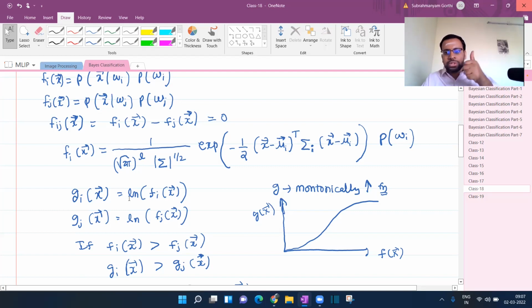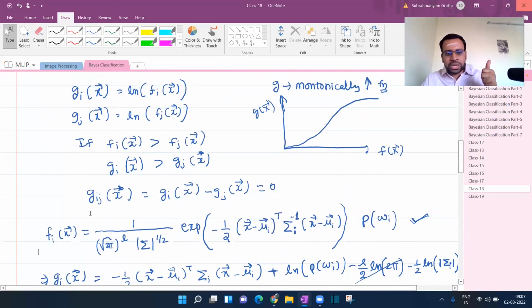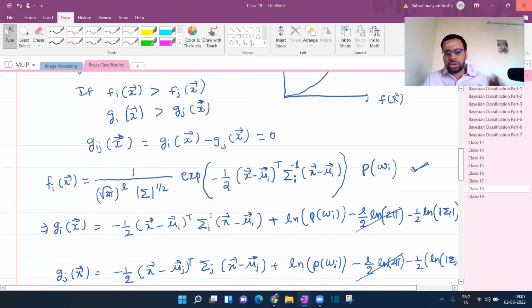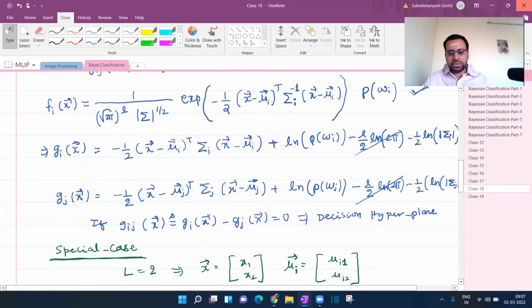Then what can we say about these decision boundaries and to which class they belong? The same thing applies: gij of x bar equals gi of x bar minus gj of x bar. If this is 0, that would be your boundary. Less than 0 belongs to the ith class, greater than 0 belongs to the jth class, because this is a monotonically increasing function.